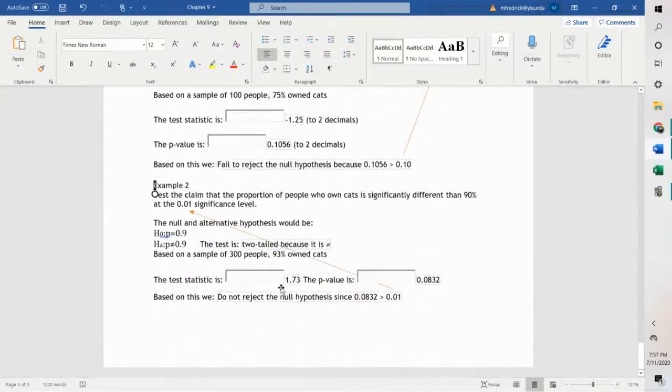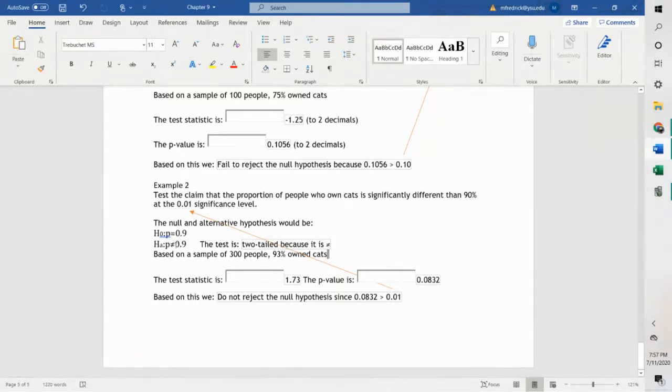Let's try one more. Number 2. Test the claim that the proportion of people who own cats is significantly different than 90% at a 0.1 significant level. The null hypothesis is, since we're seeing significantly different, that means they're not equal.